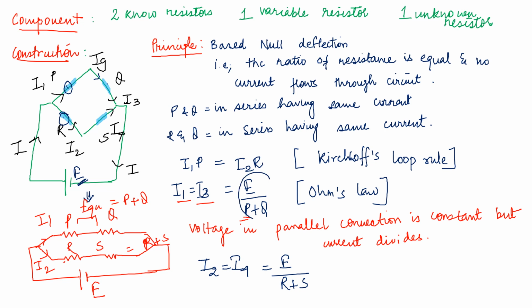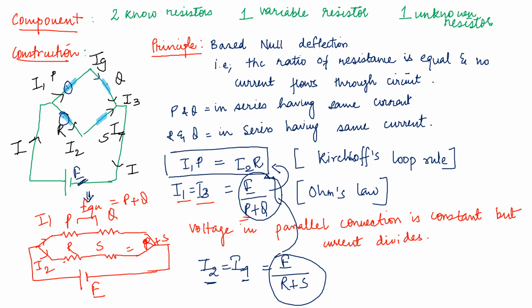Now I have got these two equations where I know the values of I1 and I2. I will substitute the values of I1 and I2 from these two equations in this first equation, which I got through Kirchhoff's loop rule.